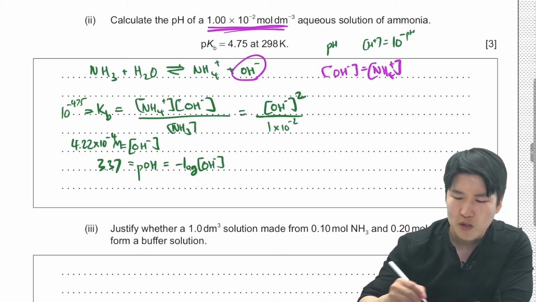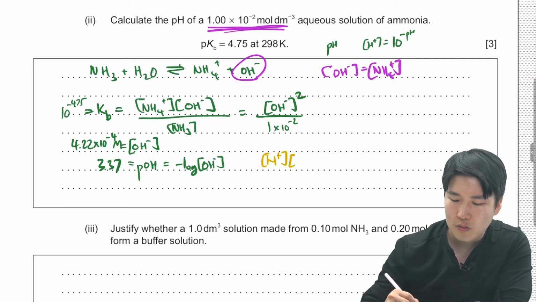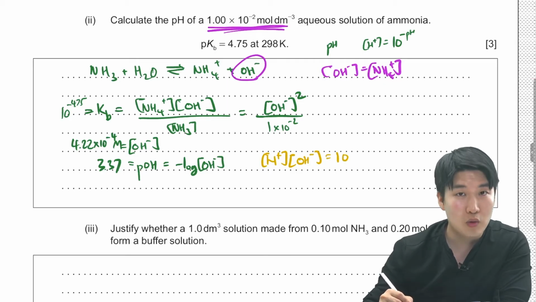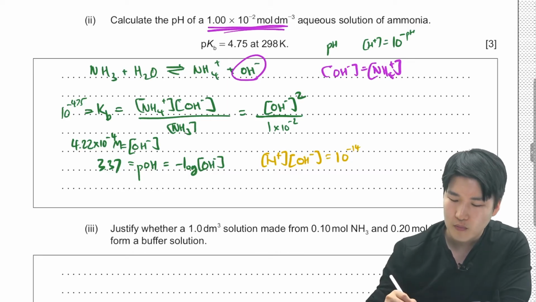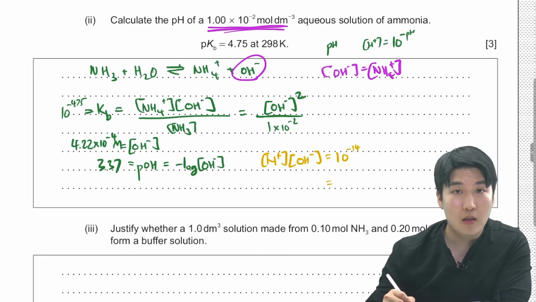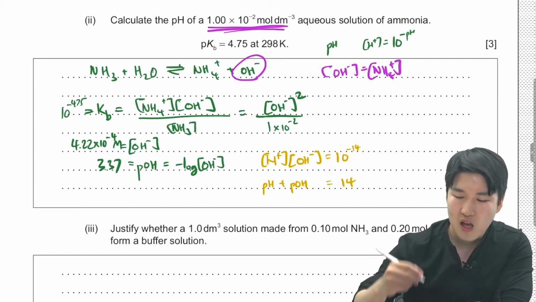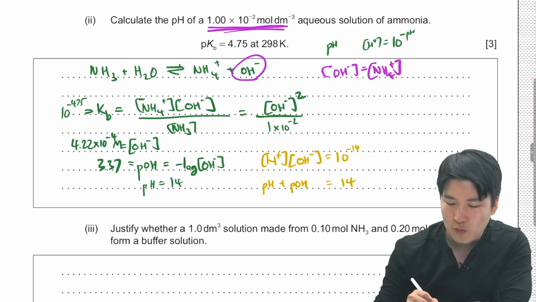H plus concentration multiplied by OH minus concentration equals 10 to minus 14, which can be minus logged to become pH plus pOH equals 14. Therefore, our answer would be pH equaling 14 minus 3.37, answer being 10.63.